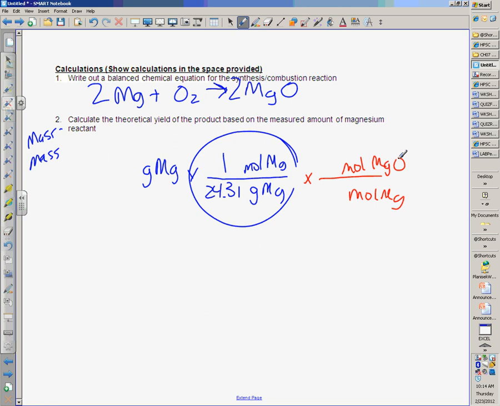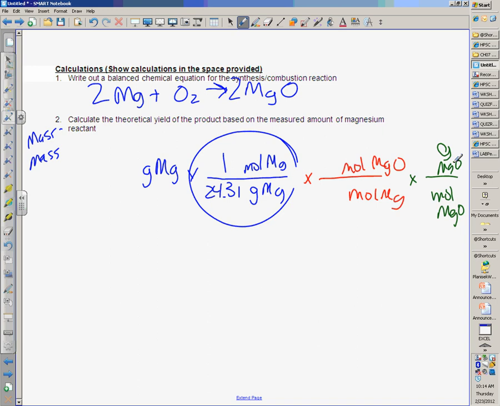And Sam, we call that our what? Mole ratio. We get these numbers from our balanced equation, the coefficients. And then the last one in a mass problem, I'm going to put moles of magnesium oxide on the bottom, and then grams of magnesium oxide on the top.